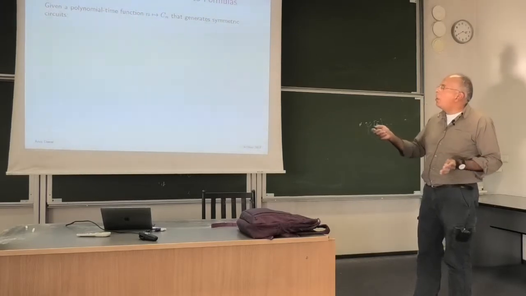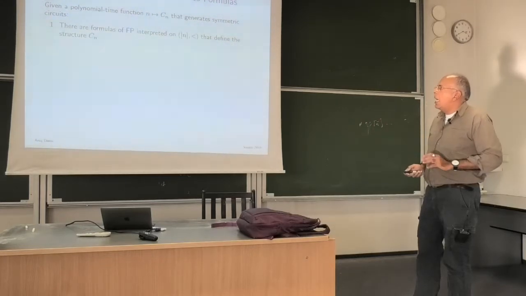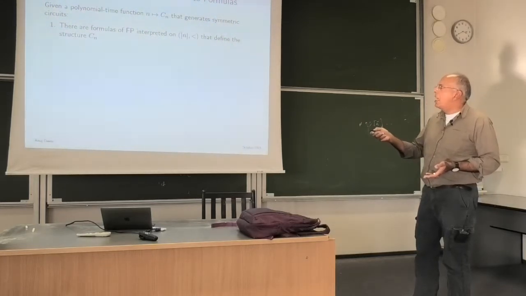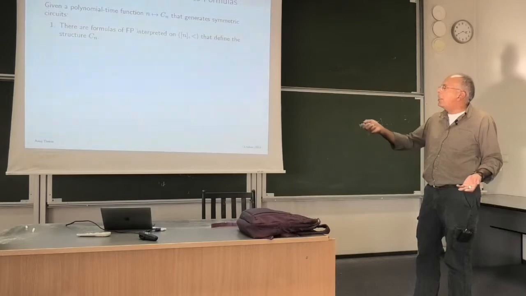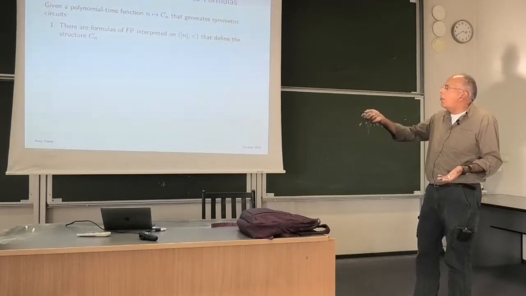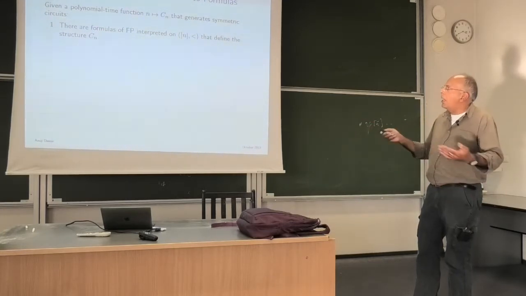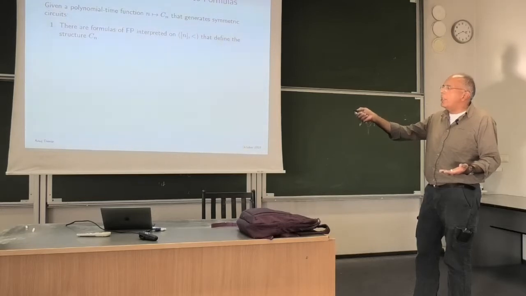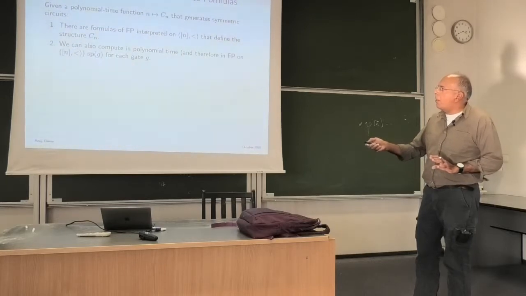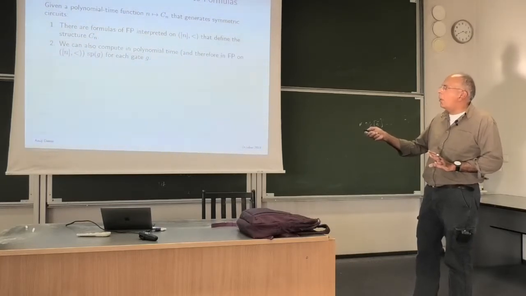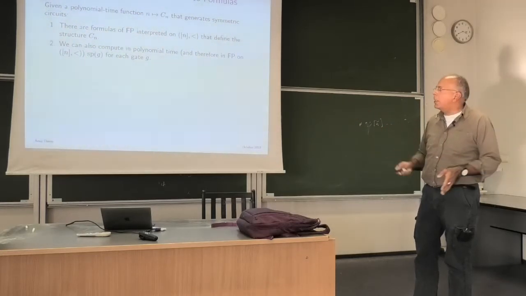We're assuming we have a uniform family of circuits, so there's some polynomial time function that generates these, which means that given an ordered set, I can do any polynomial time computation in fixed point logic, so I can write down some formula which interpreted in this will generate the circuit Cn. It'll define relations on this ordered set which define the circuit Cn. We can also show that the supports that I showed exist can be computed in polynomial time, all of it in FP. We have the circuit, it's on the ordered set, we can compute their supports.